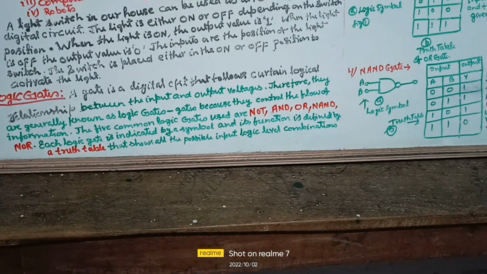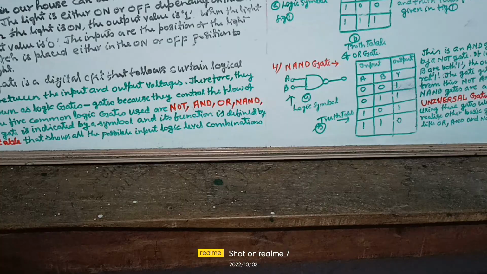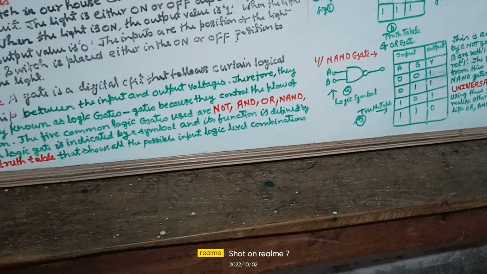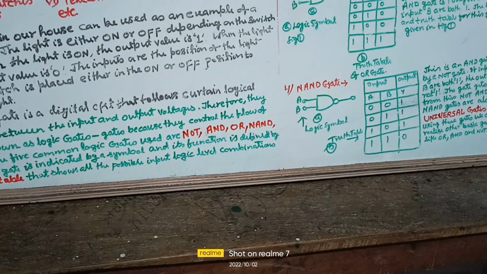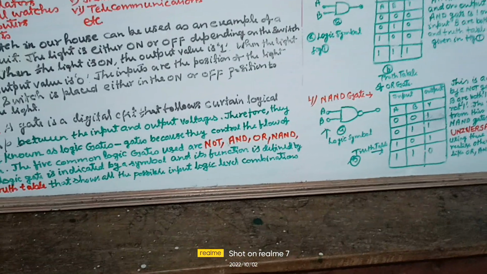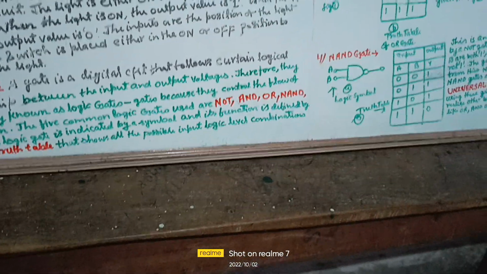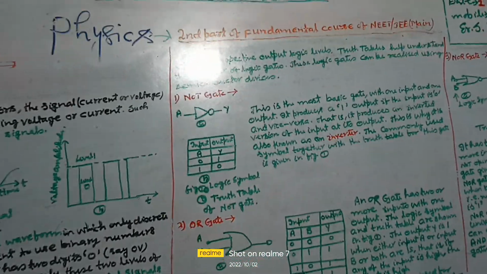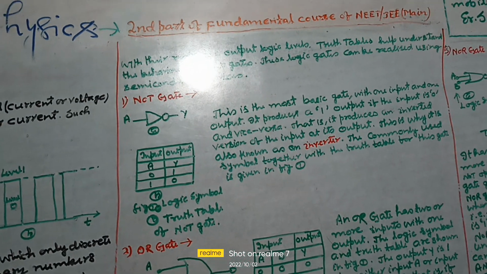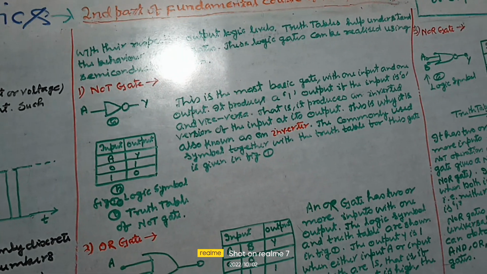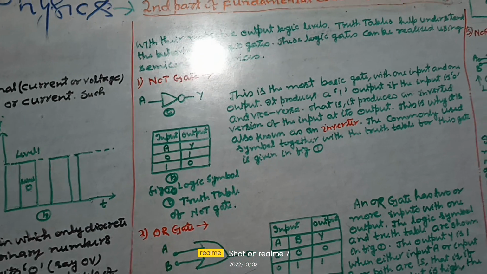The 5 common logic gates used are NOT, AND, OR, NAND, and NOR. Each logic gate is indicated by a symbol and its function is defined by a truth table that shows all the possible input logic level combinations with their respective output logic levels. Truth tables help understand the behavior of logic gates.